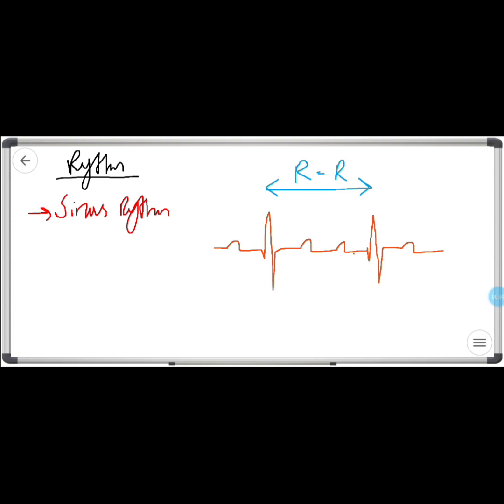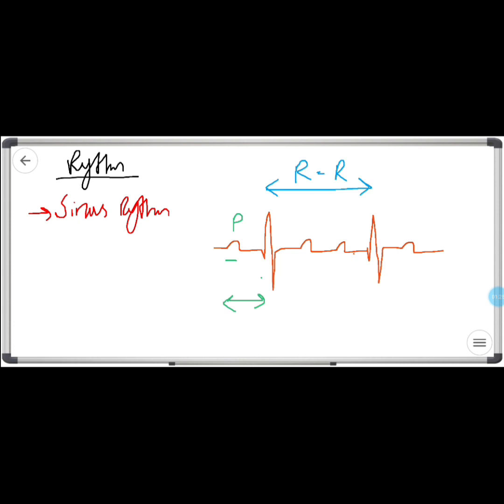So the characteristics of sinus rhythm are that for every P there is a QRS, meaning that every QRS is preceded by a P wave. Then the PR interval, from the start of the P wave to the start of the Q wave, is constant.